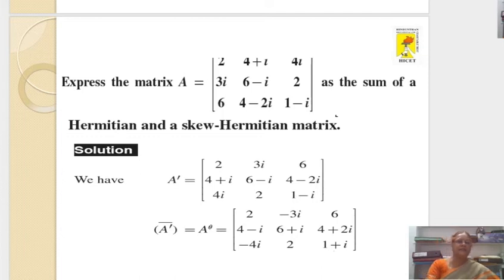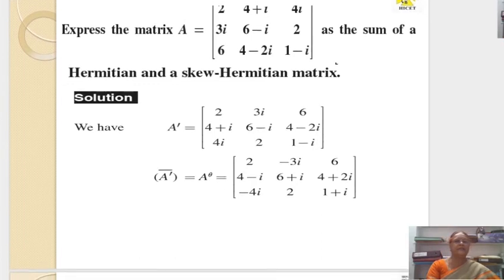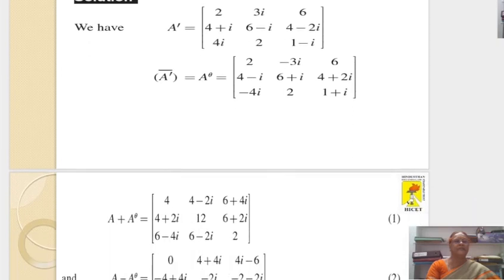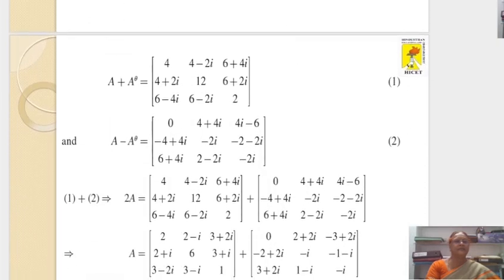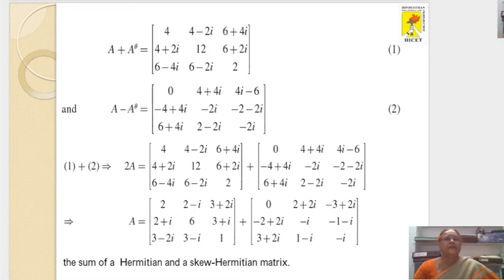This is A power theta. Next, find A plus A power theta, like the previous problem. We will get 4, 4 minus 2i, 6 plus 4i, 4 plus 2i, 12, 6 plus 2i, and so on.